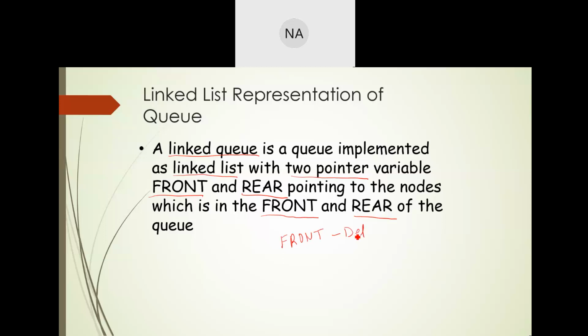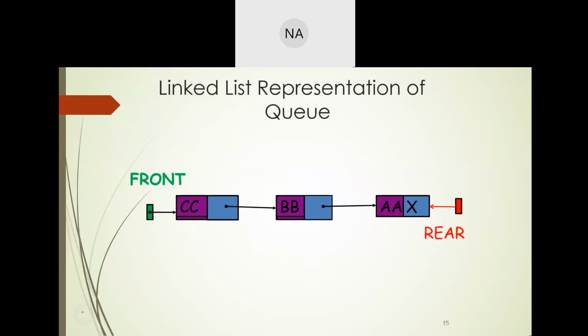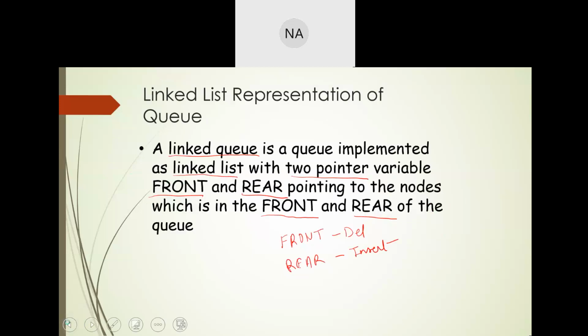And can be inserted only at the rear end. Okay. So we have two pointers, front and rear. The front pointer points to the front end from where items can be deleted, and the rear pointer points to the rear end of the queue where new elements can be inserted.